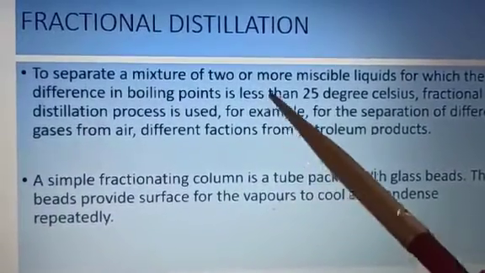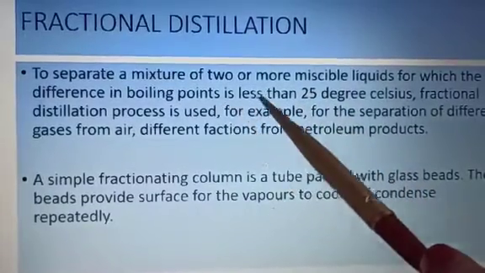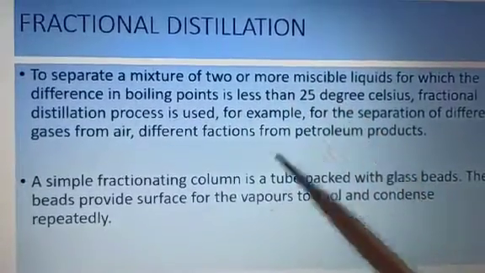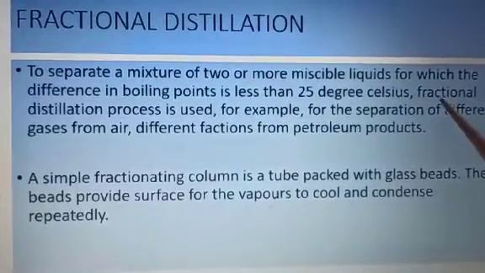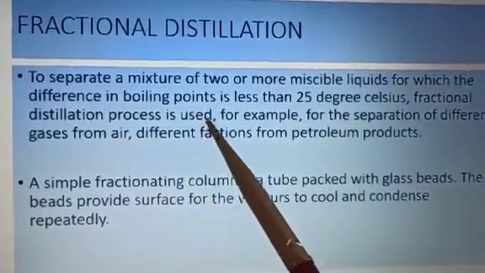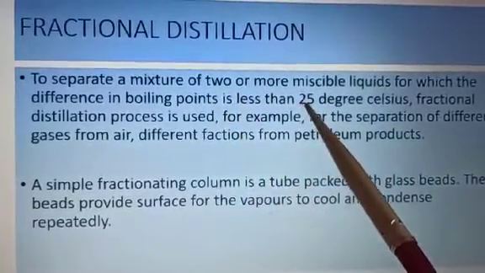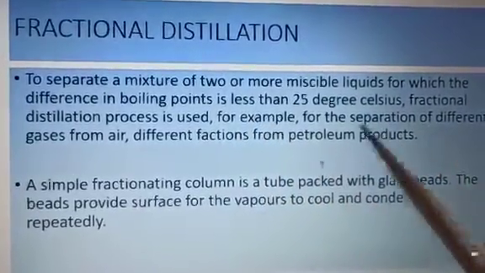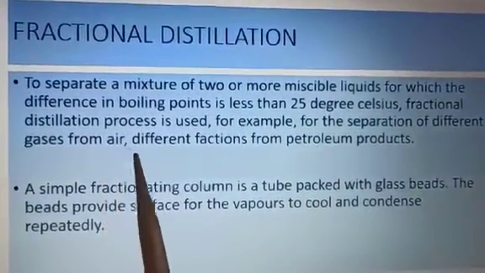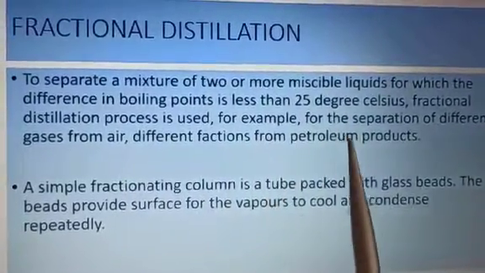Point to be noted here: the fractional distillation process is used only when the difference in boiling points is less than 25 degrees Celsius. For example, for the separation of different gases from air and different fractions from petroleum products.